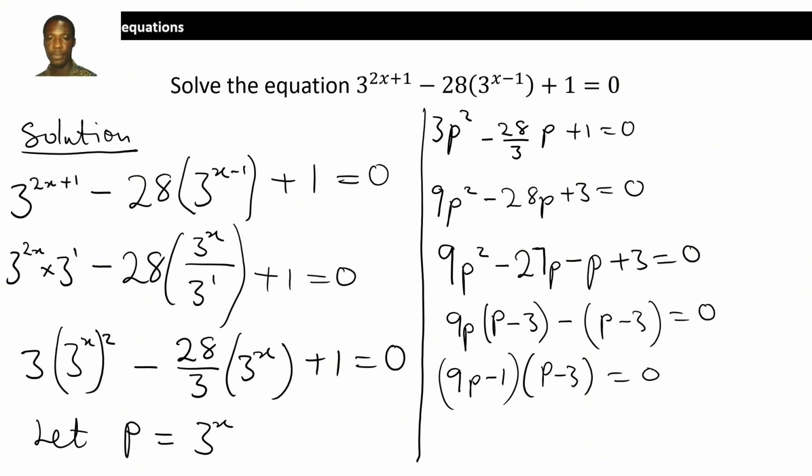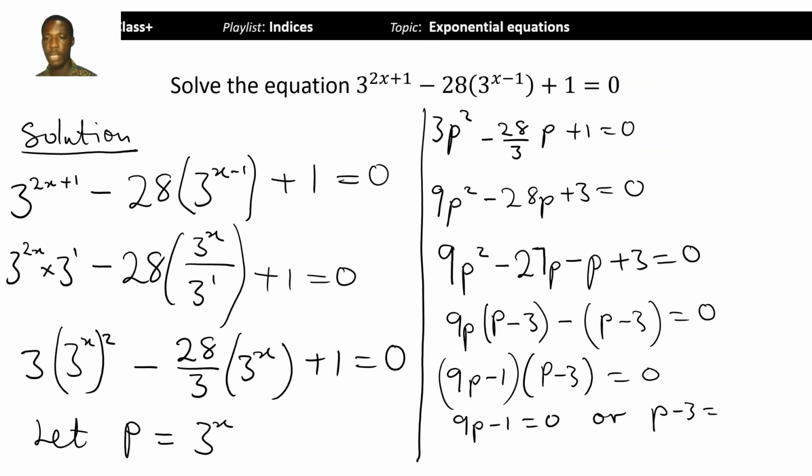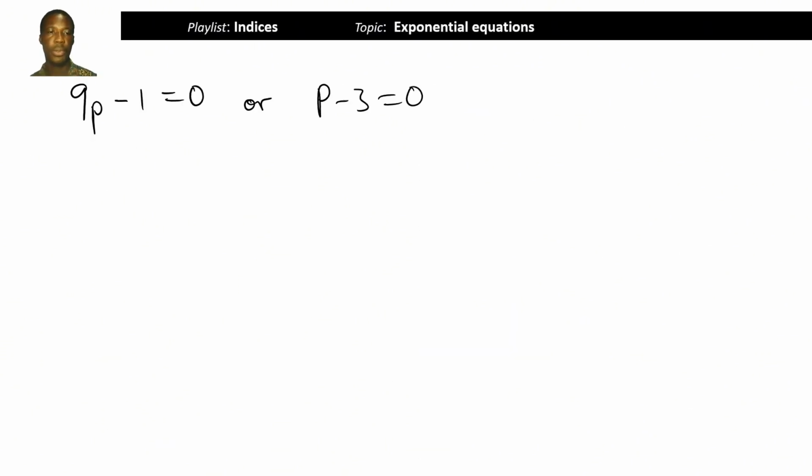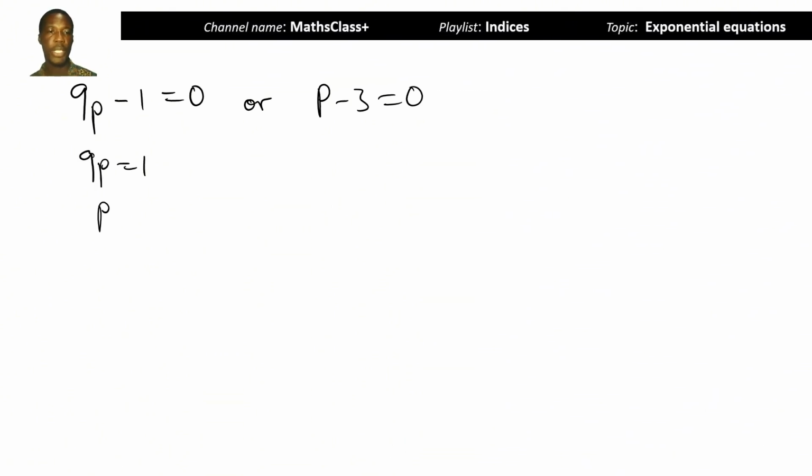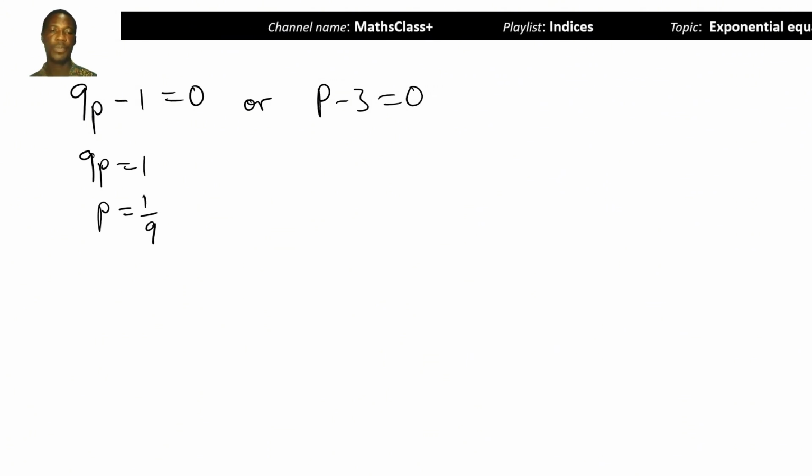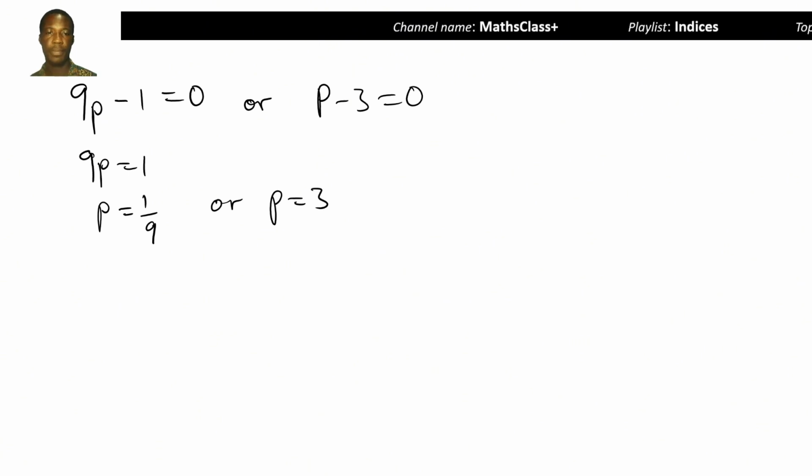So here we will have 9p minus 1 equals 0 or p minus 3 equals 0. So we make p the subject and obtain 9p is equal to 1, p is equal to 1 over 9, or p is equal to 3.